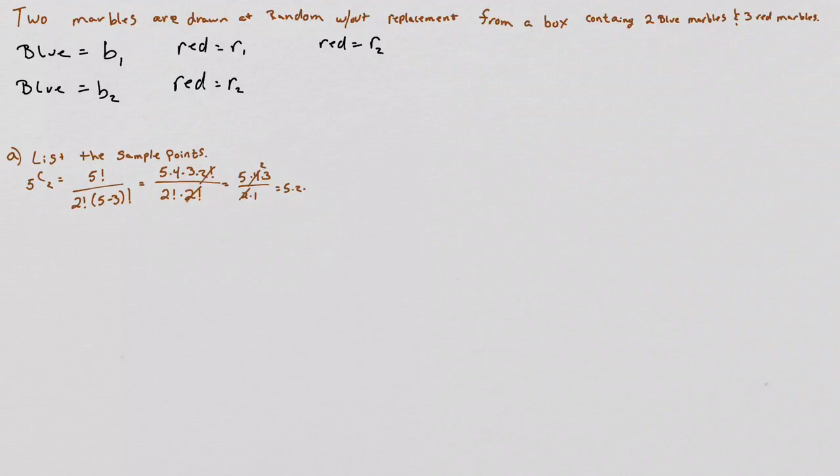Oh, I'm an idiot. I copied the problem down wrong. One of y'all's biggest mistakes, I did as well. This should be 5 minus 2. This 2 factorial should be 3 factorial.